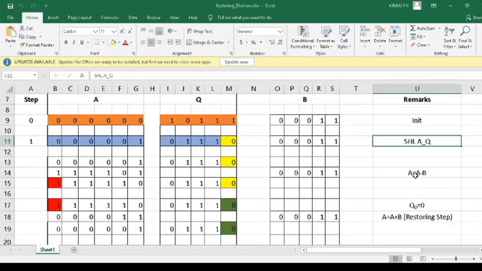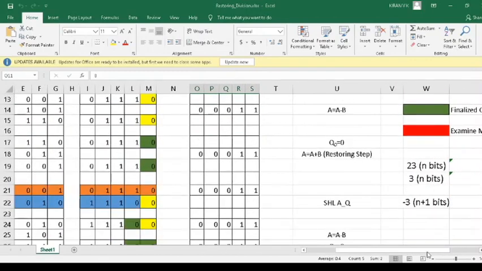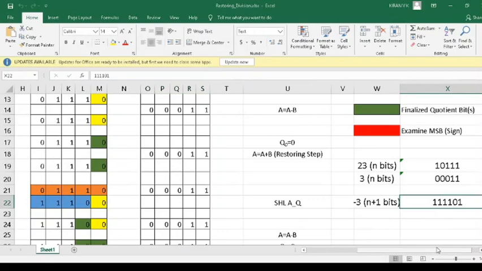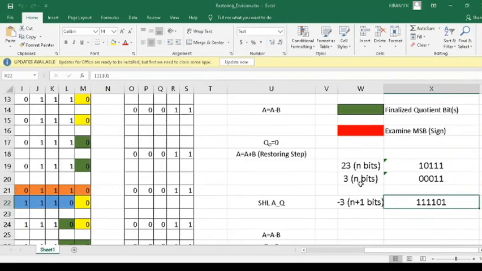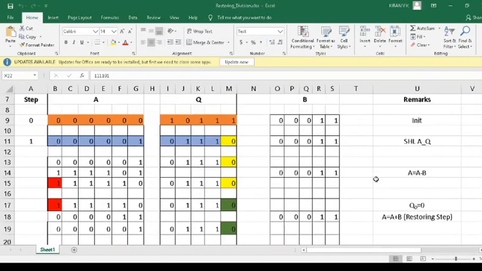Then after shift left, obviously the next step is, whatever you have in A, from that you have to subtract your divisor B. So our divisor is 3 and the 2's complement representation of 3 is given here. In order to subtract 3 from A, we just need to add it with the 2's complement representation of 3, which is this one, that is a sequence of 4 ones followed by 0 1.